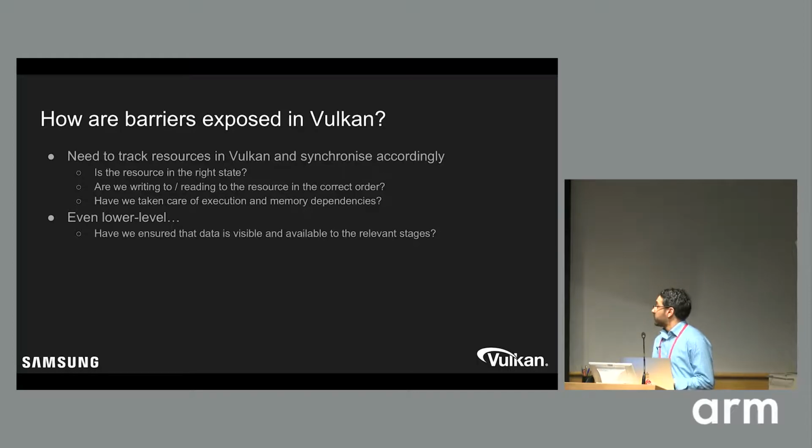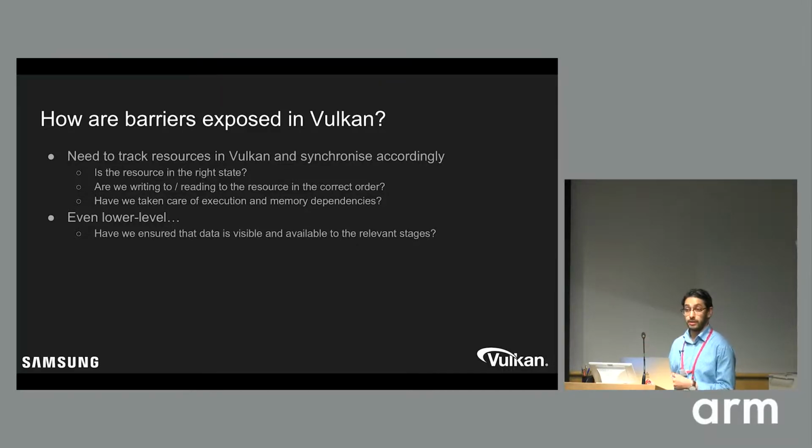As I explained, Vulkan is a very explicit API, so all the resources that you've got during the lifetime of your frame have to be tracked. You have to make sure that they're in the right state. That includes layouts and all sorts of things. Layout is what Andrew described earlier. The other thing you need to take into account is, are you reading and writing to the resource in the correct order?